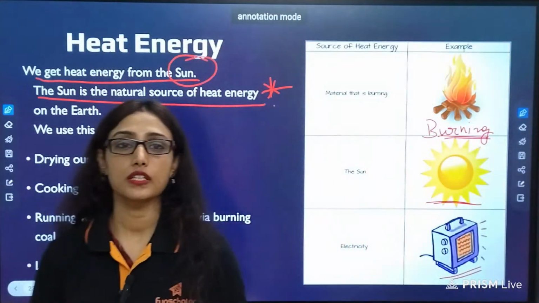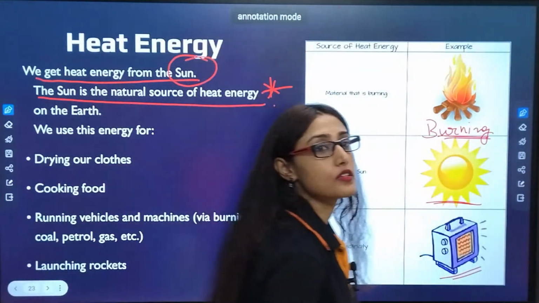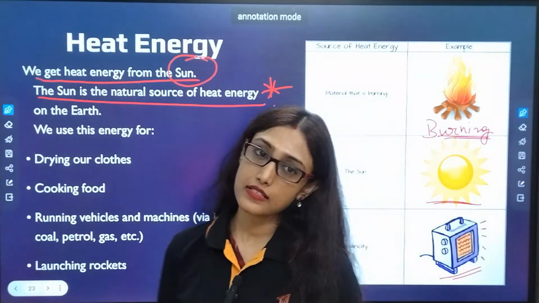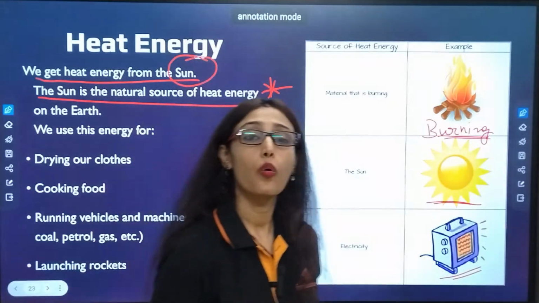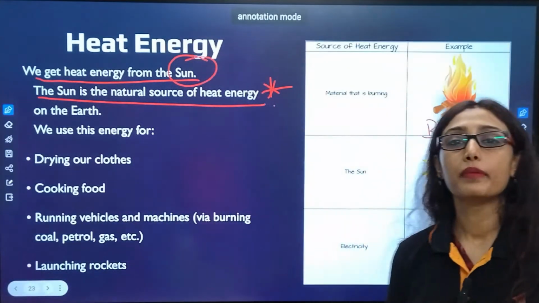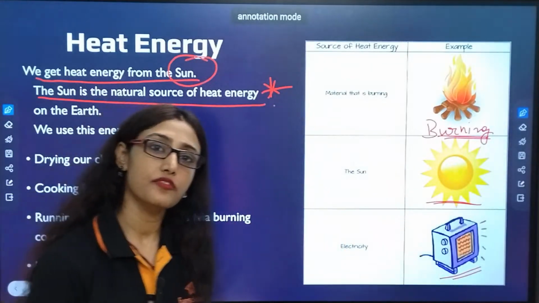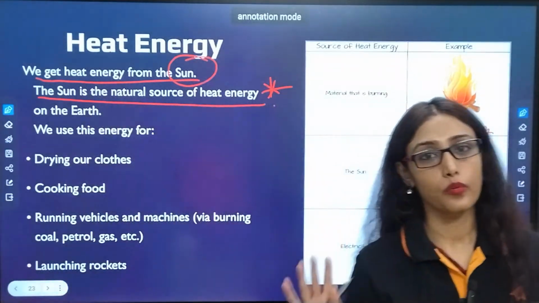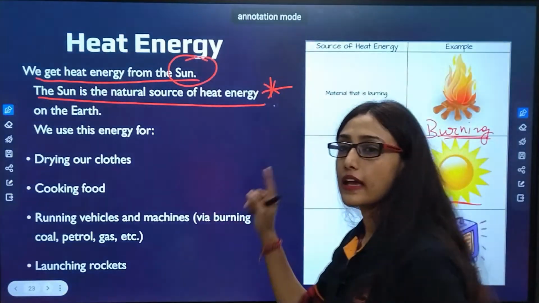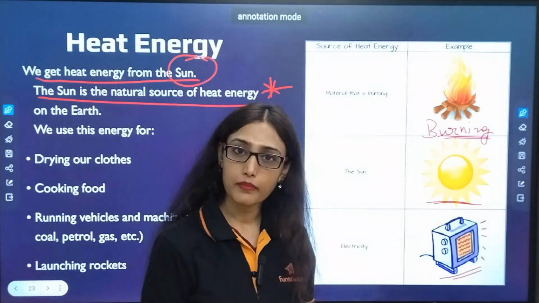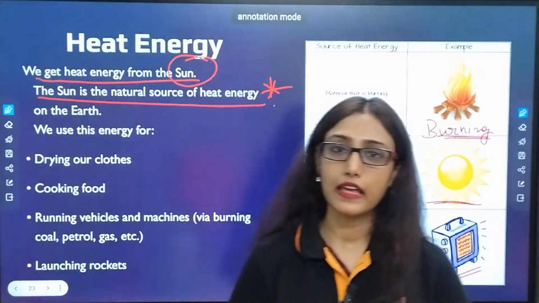Again, if the question comes, what is the source of solar energy? Solar means sun itself. So over there, only sun is the source, because we have only one sun, so we get solar energy from that particular sun only. But heat energy, except the sun, we can get through burning of fire or even from using electrical gadgets.